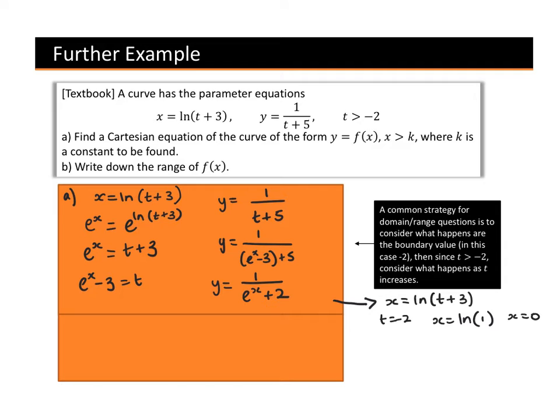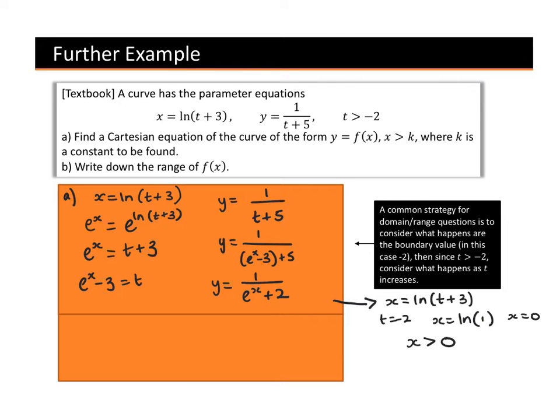So that means that in our domain, x will have to be greater than 0, okay? Because as t increases, so does ln of t plus 3 increase. They're all going to increase at the same time because t has to be greater than -2. If we put in -1, we're going to get a number greater than, okay?